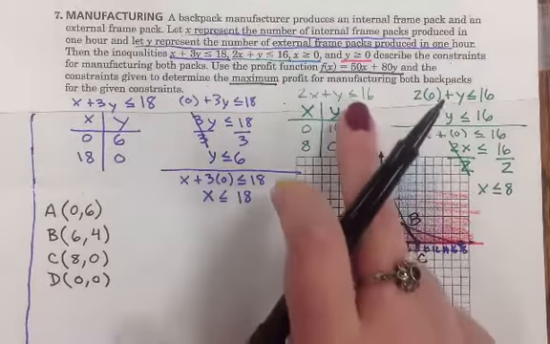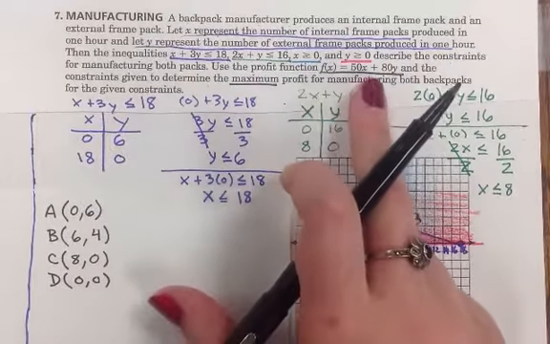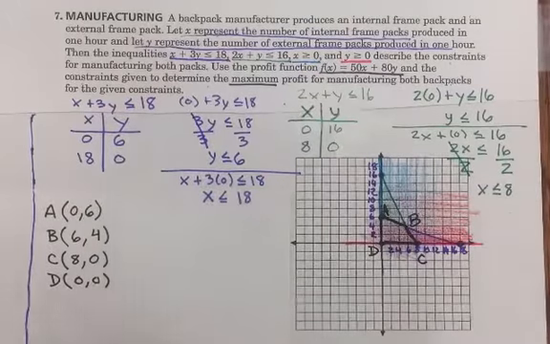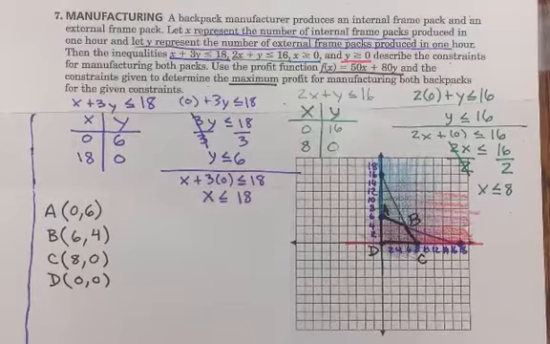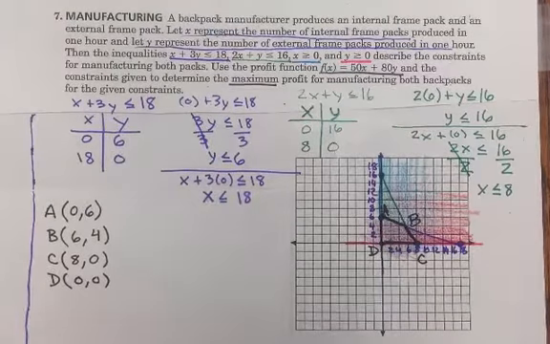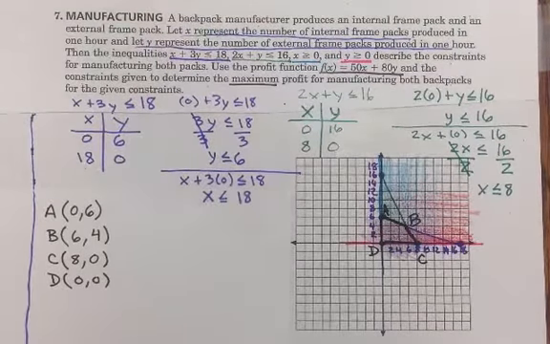The next step in linear programming problems is to take all of those points and plug them into the equation that they gave us. So 50x plus 80y. And since they want us to find the maximum profit, we want to look for the point that's going to give us the highest number.